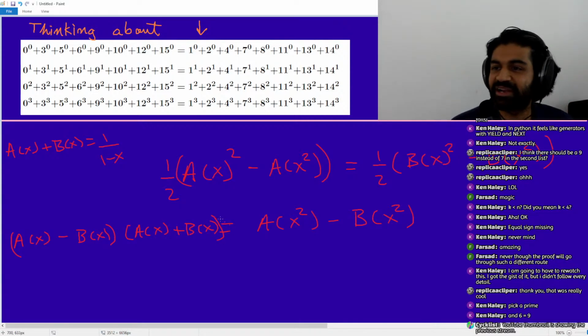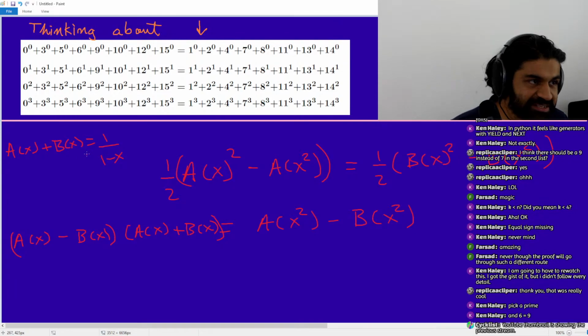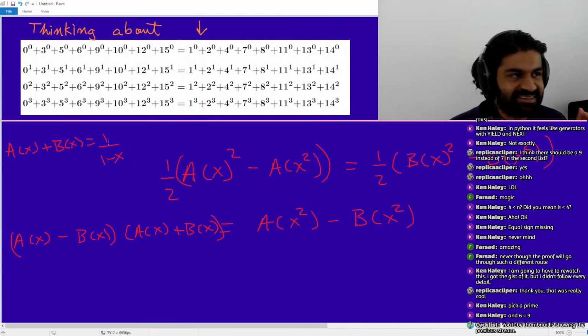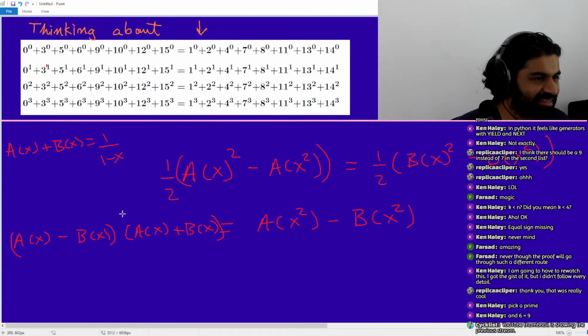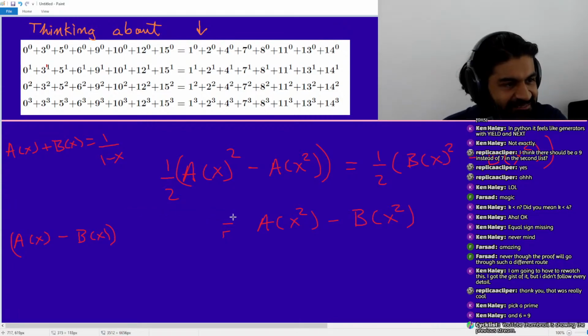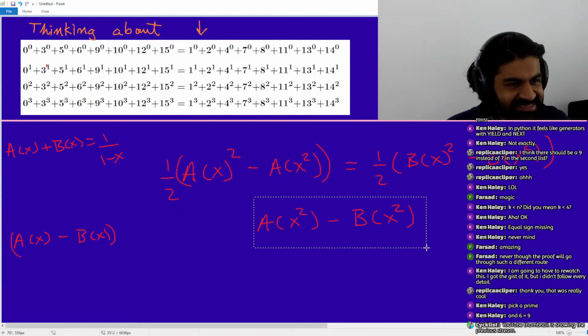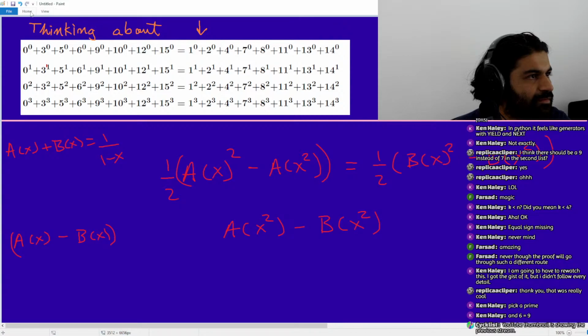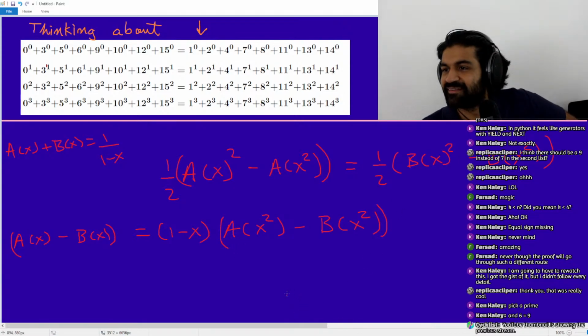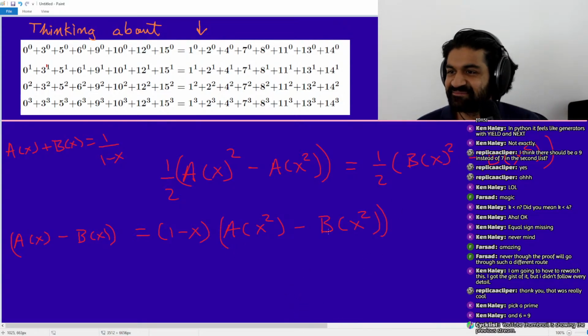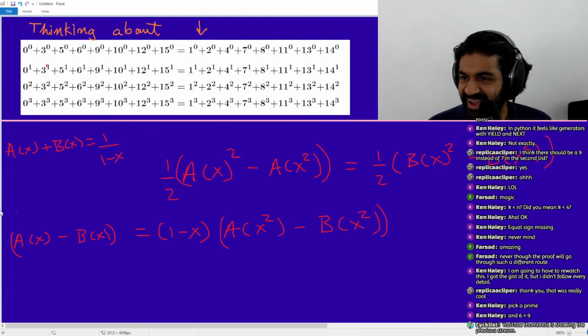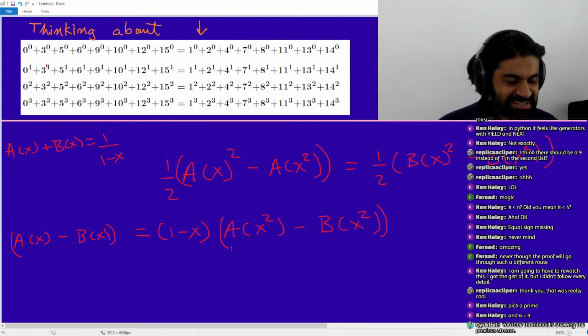But remember, earlier we figured out that A(x) plus B(x) is 1/(1 minus x). So in fact, I get this. Interesting. Hopefully that makes reasonable sense.